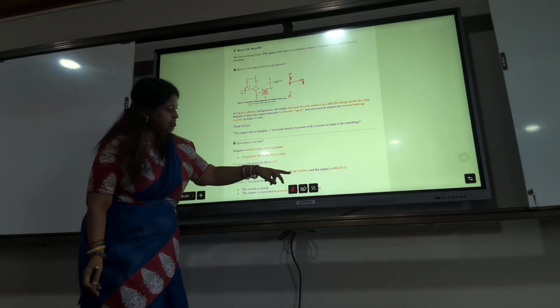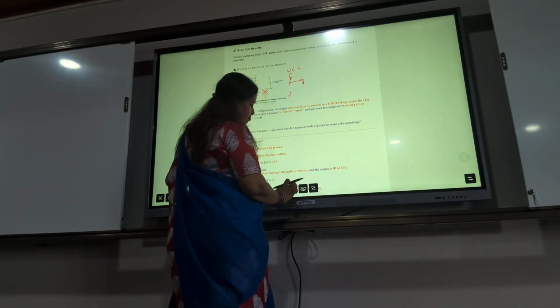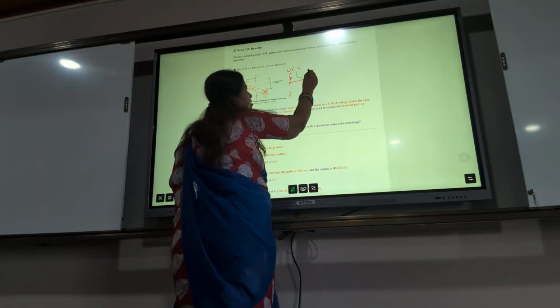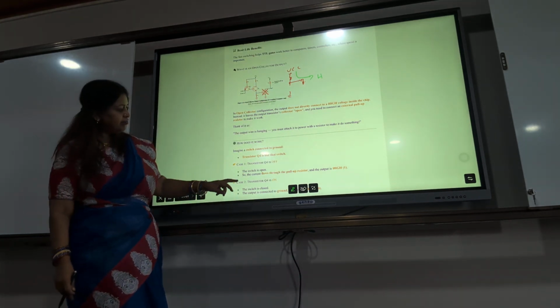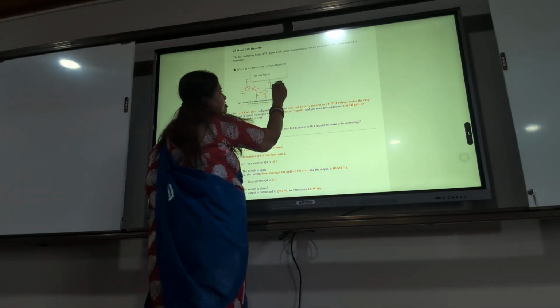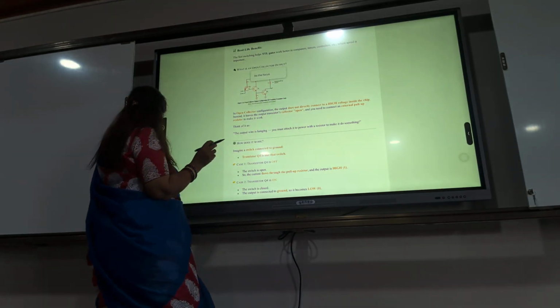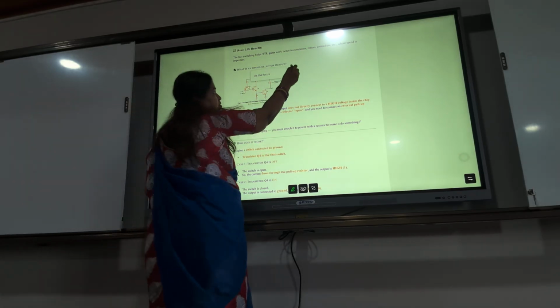The current flows through the pull-up resistor and the output is set, so from there you get high. Next, when transistor Q4 is on, what will happen? When Q4 is on, the switch is closed and the output is connected to the ground.